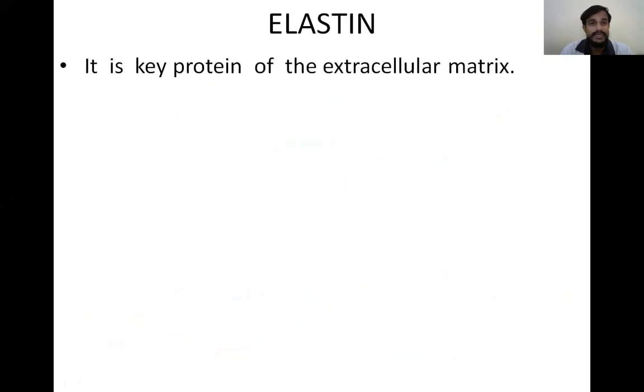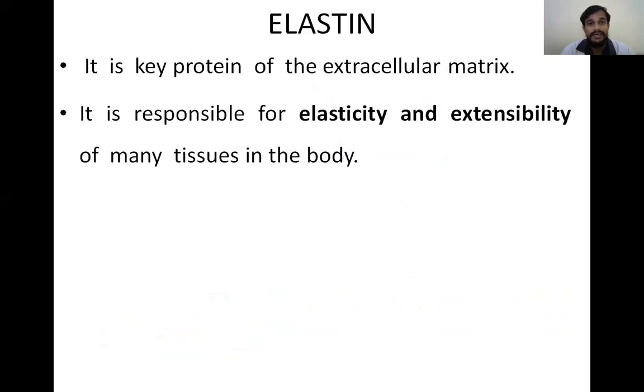And elastin, it is a key protein of extracellular matrix, and it is responsible for elasticity and extensibility of many tissues in the body. So the tissue in the body which contains more elastin fibers will be having more elasticity and extensibility.